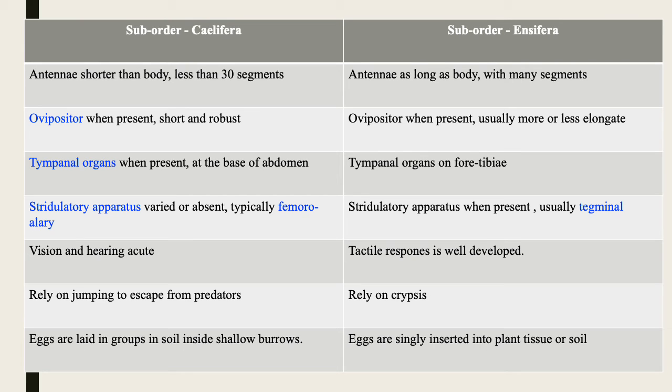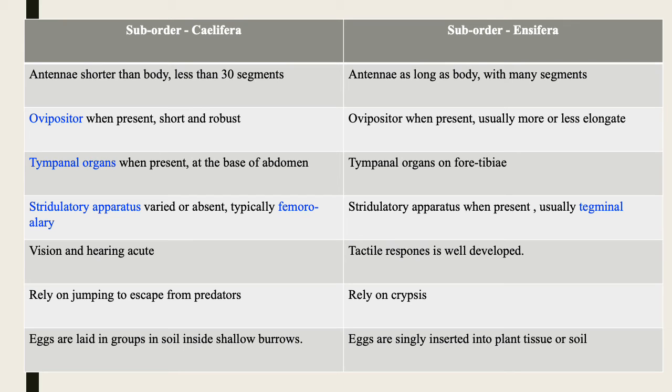Tympanal organs are specialized hearing organs. They are usually defined by the presence of a tympanal membrane, which is equivalent to the eardrum. They are backed by an air-filled space or cavity and are innervated by a chordotonal sensory organ.